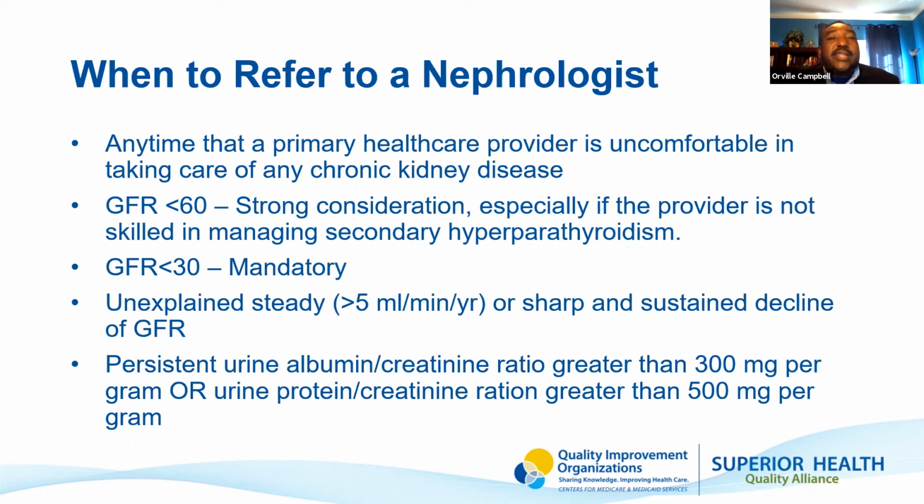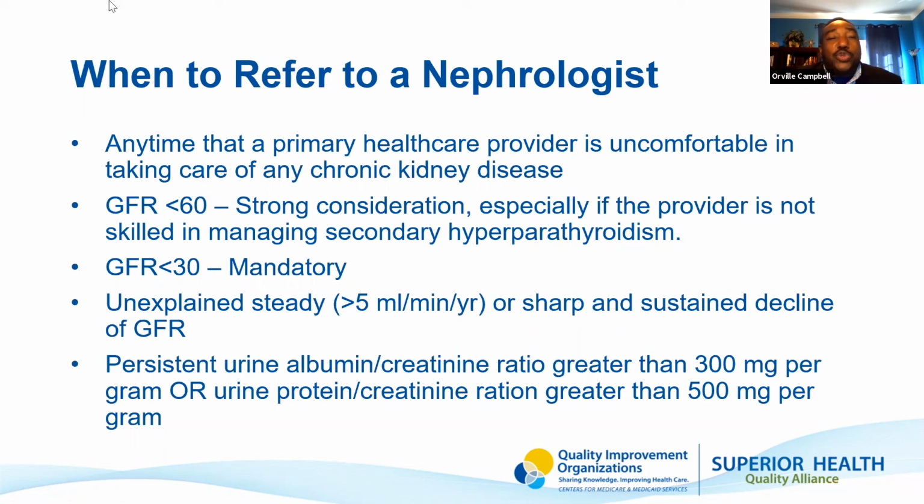GFR less than 60, strong consideration because of secondary hyperparathyroidism beginning. Again, we ask that question, would you refer someone with a GFR less than 60? That's when the wheels start to come off. So yes, if you are uncomfortable or not skilled in taking care of the complications, that may be a great time to refer. Mandatory at a GFR less than 30.